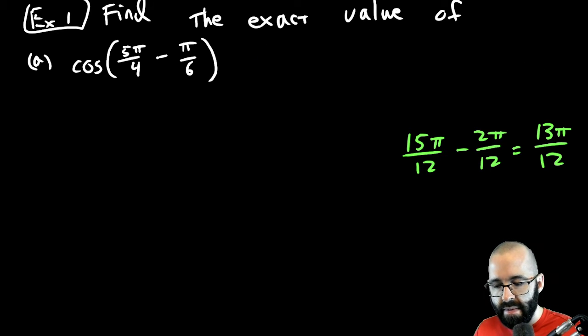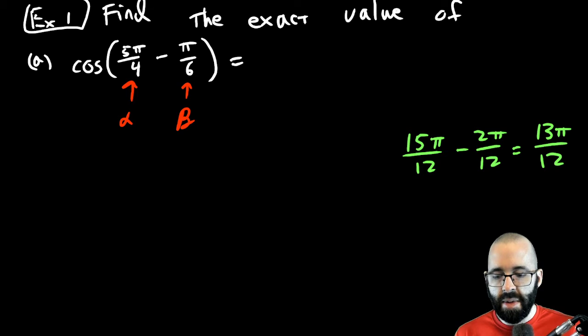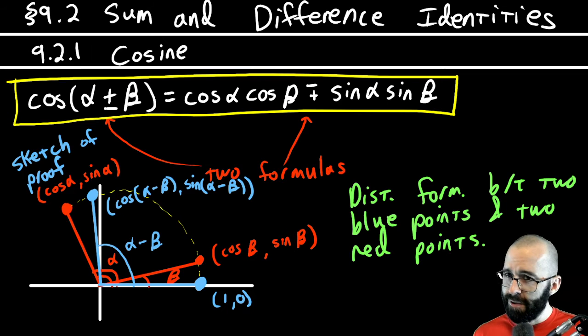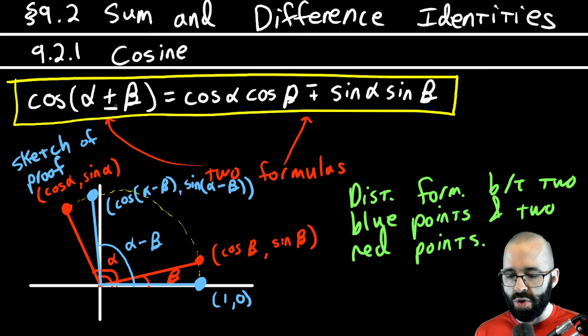So what we're going to do is use the formula, and it can help to say, well, this is our alpha, and this is our beta. The formula says, all right, this is two formulas in one, the gold box, two formulas in one. Which one are we using? We're using the difference, the formula for subtraction.